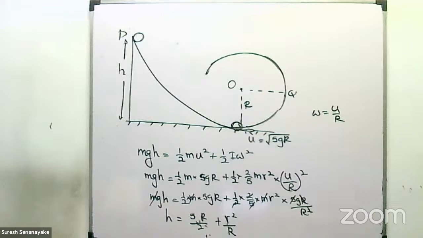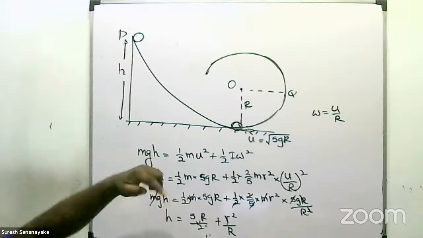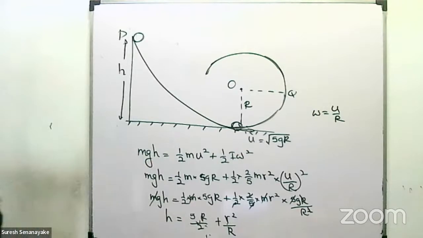The radius reduces, that means the moment of inertia is reduced. So then you can apply the angular momentum conservation because there is no torque applied about the axis of rotation.